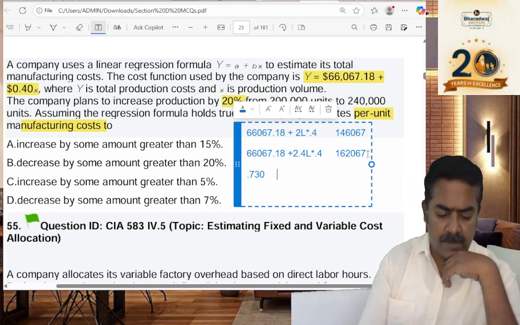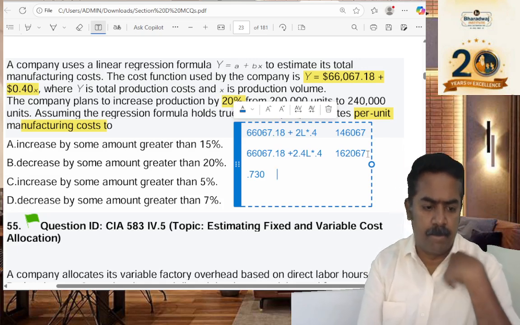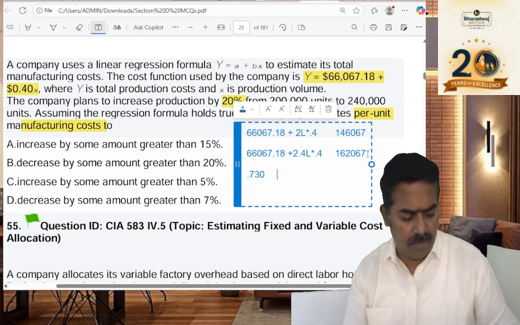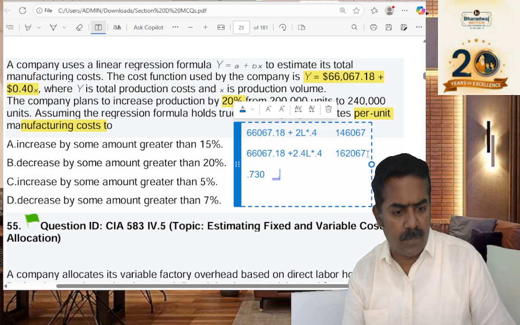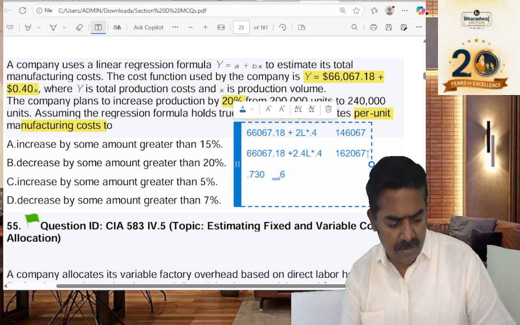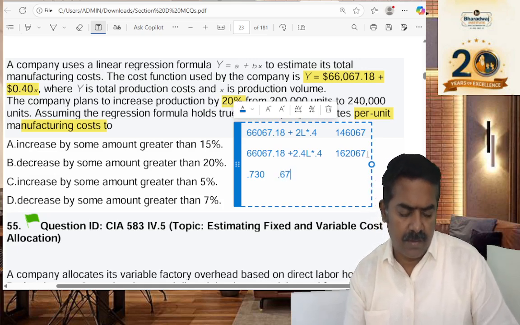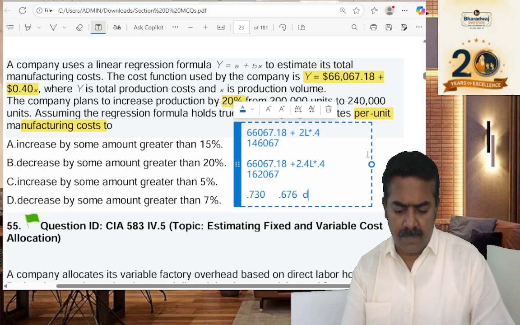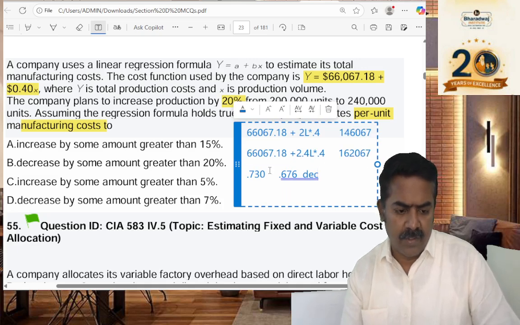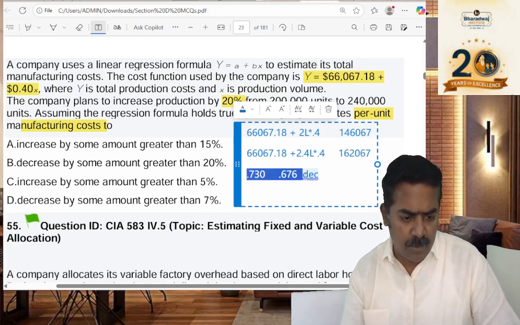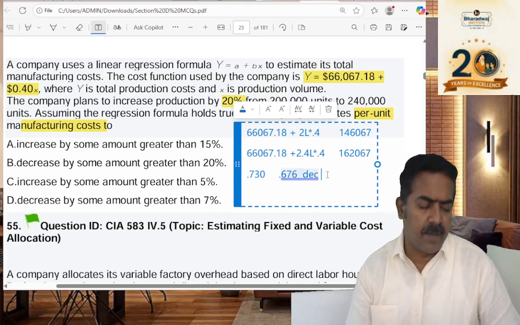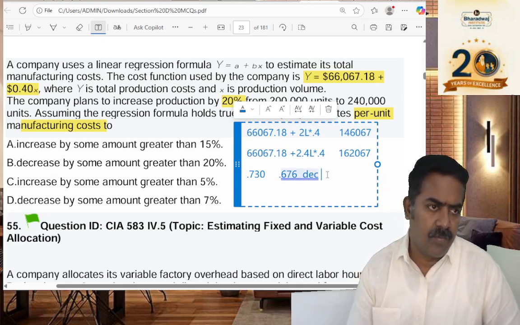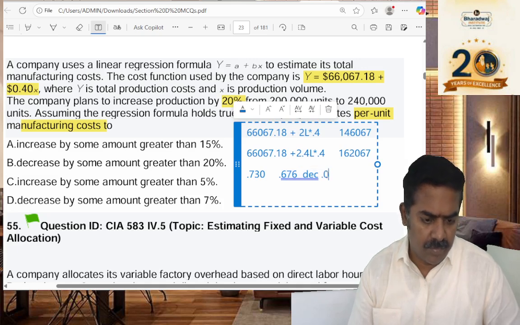Per unit cost: 0.6752, about 0.676. What is the decrease? From 0.730 to 0.676. What is the decrease? 0.055.